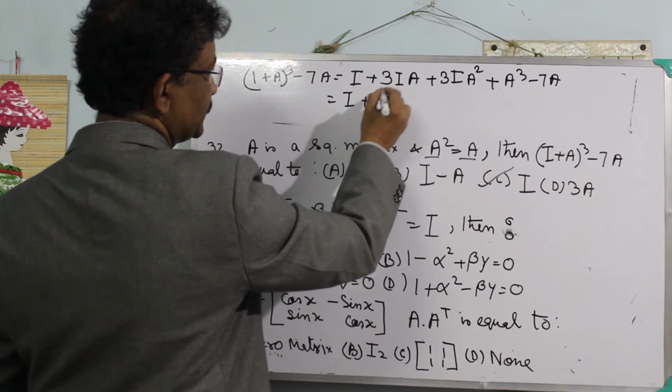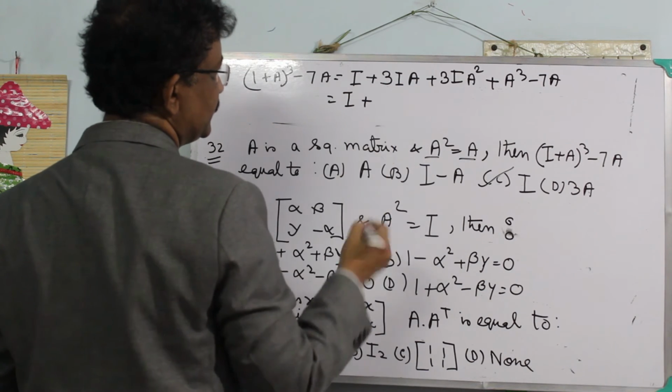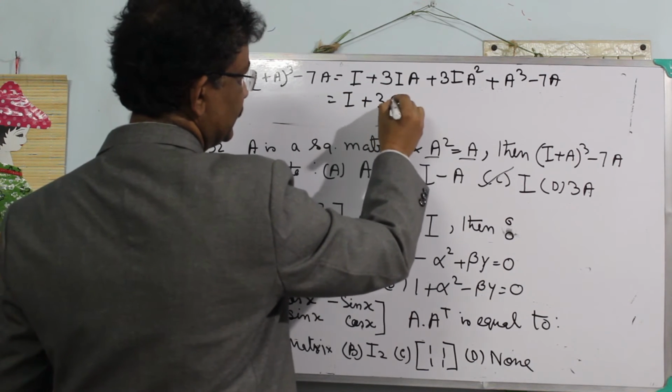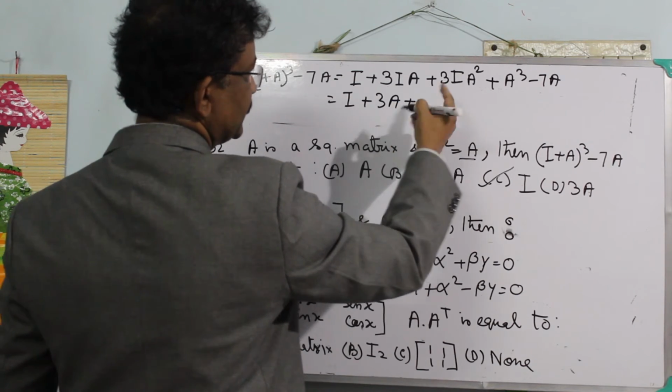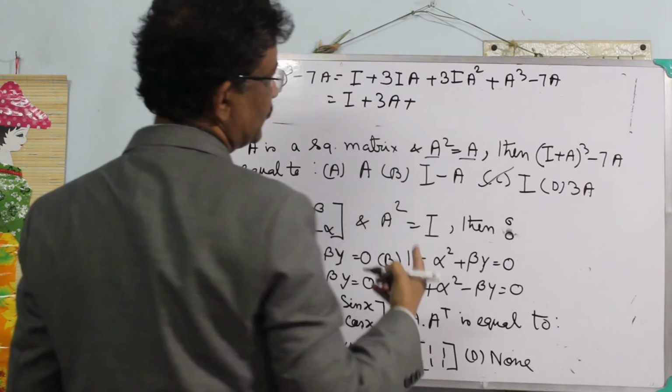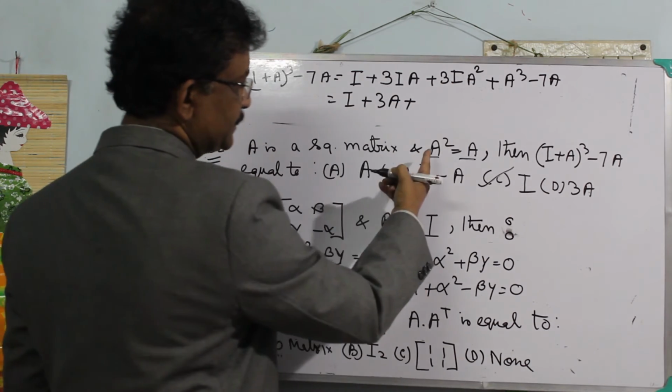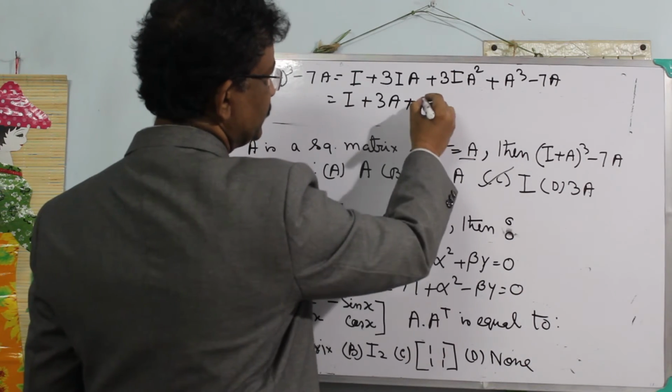I cube is I, I into A is A, so we get A cube plus 3 A square plus 3A plus I, minus 7A. Since A square is equal to A, 3A square is 3A.